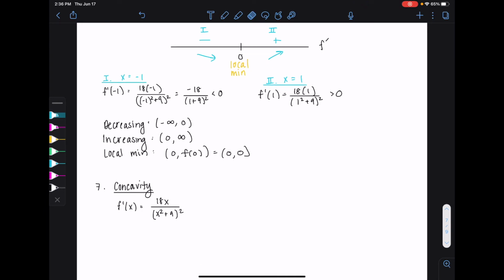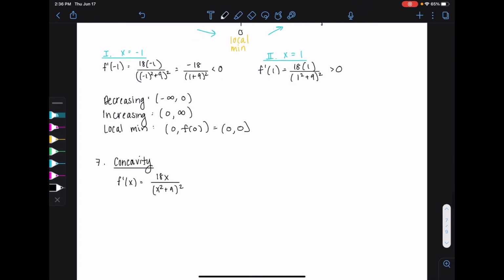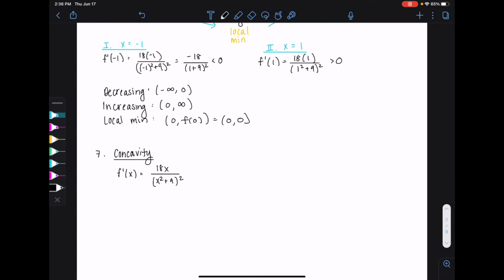Now we'll go through concavity. So we've got to take another derivative, which this time I will indeed go through. We get the low function times the derivative of the high minus the high function times the derivative of the low.